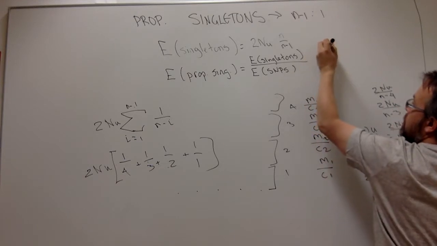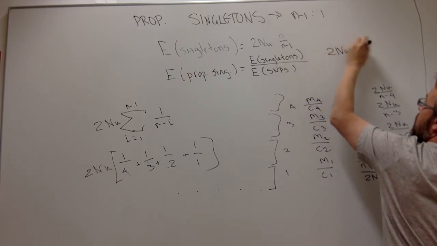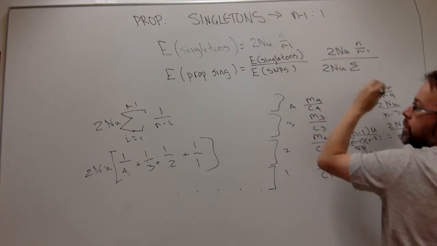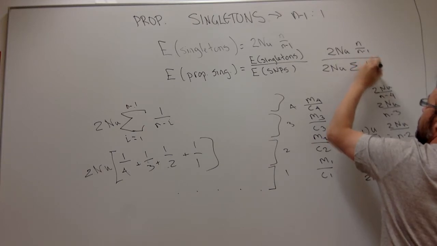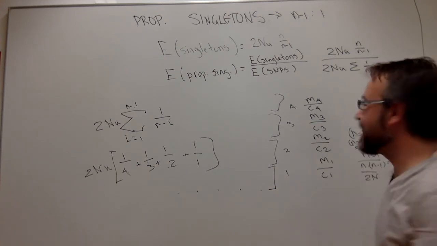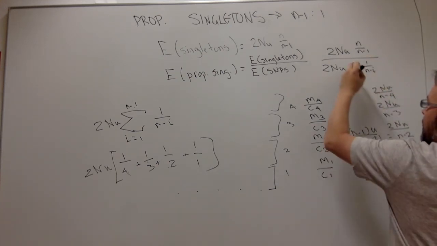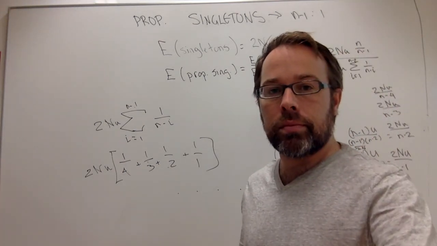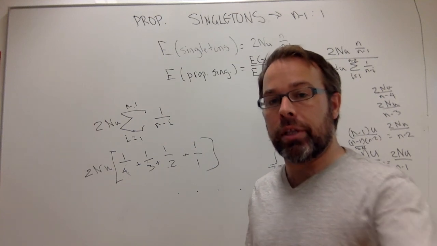So that would mean this is 2nu times n divided by n minus 1, and this bottom is 2nu times the sum of 1 over i from i equals 1 to n minus 1, and hopefully I didn't make a mistake. And so in the next video, we'll go through what some of these values are.